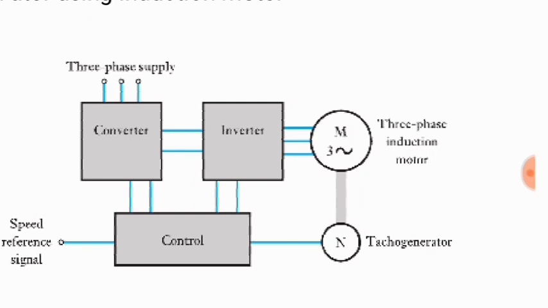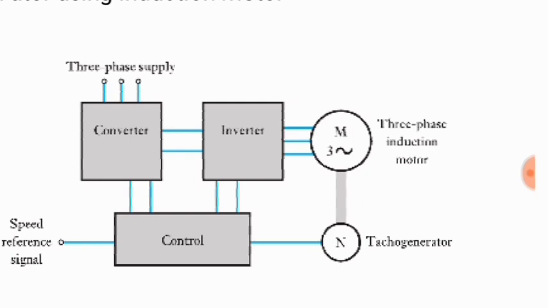So this block mainly consists of a converter. It converts the input three-phase supply into DC, and there is an inverter that converts this DC into a variable frequency three-phase supply depending upon the control signal produced by the controller. The three-phase induction motor's speed is adjusted according to the frequency of the output signal from the inverter.